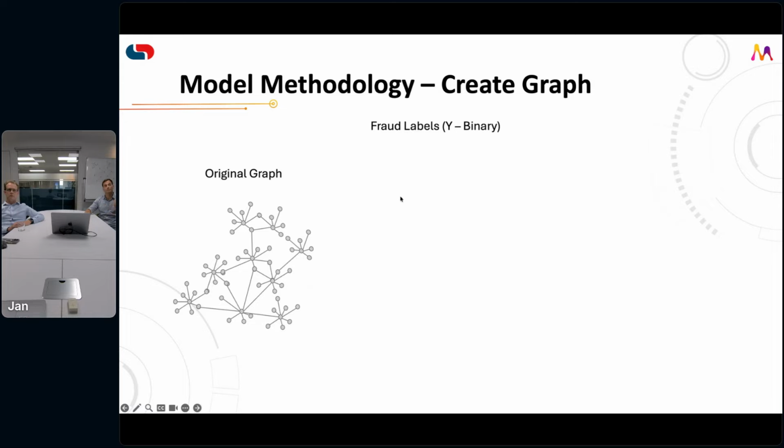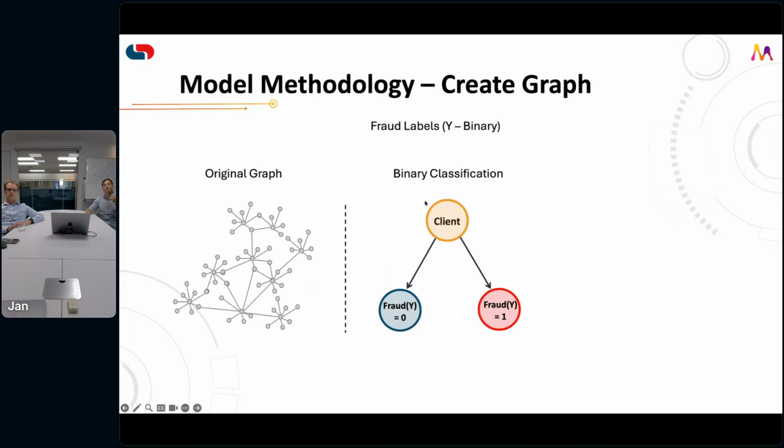Now, Memgraph, and what we love about Memgraph, is that you can implement your own logic. And this logic that we implemented was our Y label, which we said, okay, go to the client nodes and then add a fraud status on those nodes and represent it by using Memgraph style in blue and red.